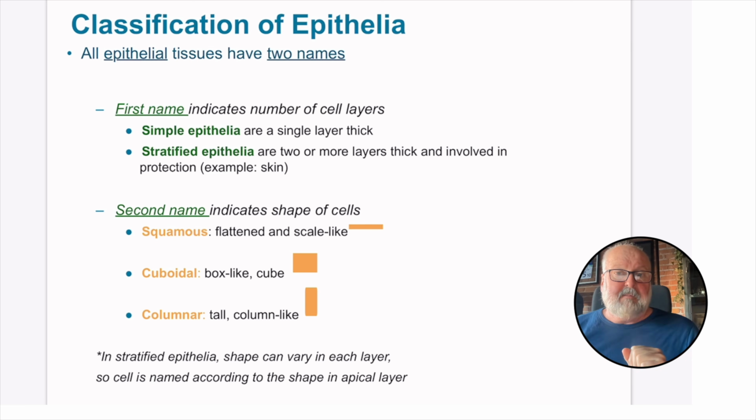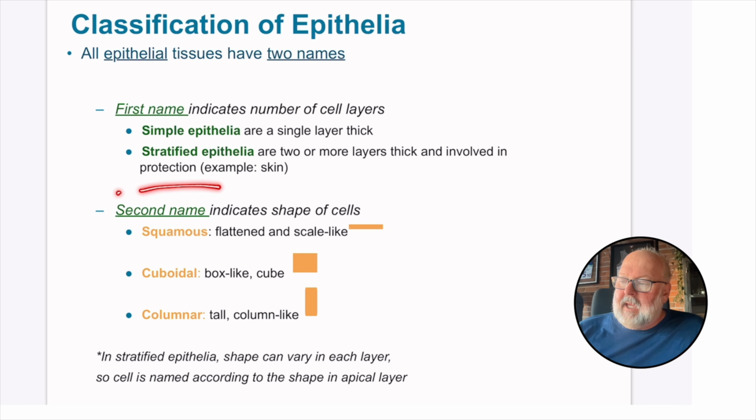The first name tells us how many layers thick is it. Okay? So if you're only one cell layer thick, you are a simple epithelium. If you are two or more layers thick, you are stratified. So the first name of epithelial tissue will always be either simple or stratified, with one exception, which we'll get to. Right?